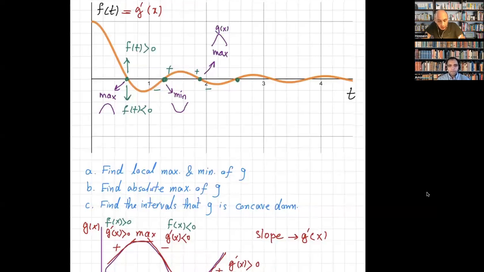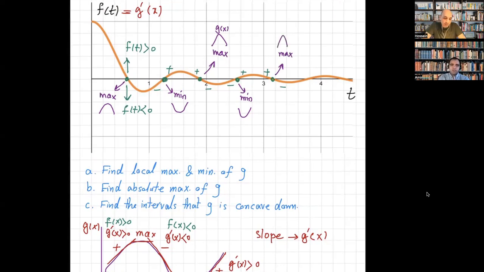And at this point, the slope changes from negative to positive, so I have a min, a local minimum. And then the next point, again from positive to negative, I have a max. And so on.